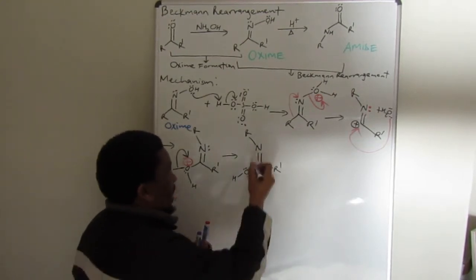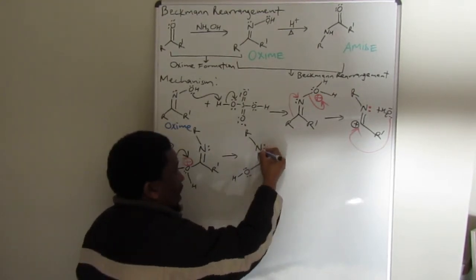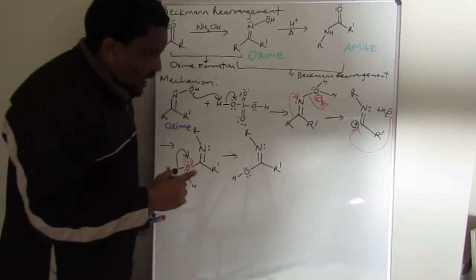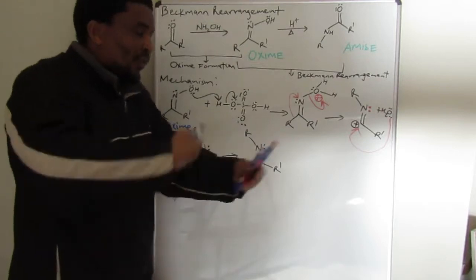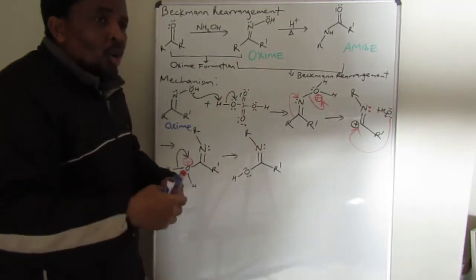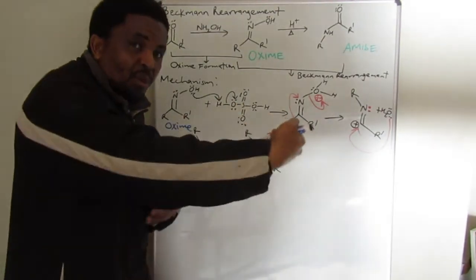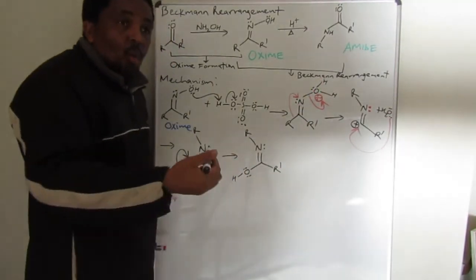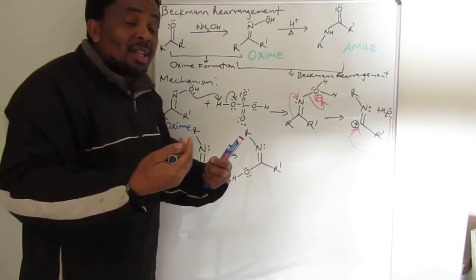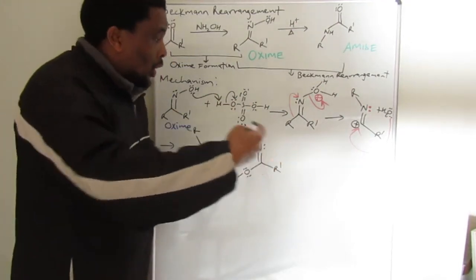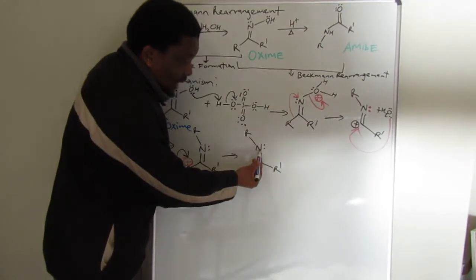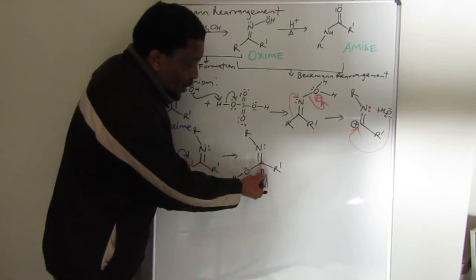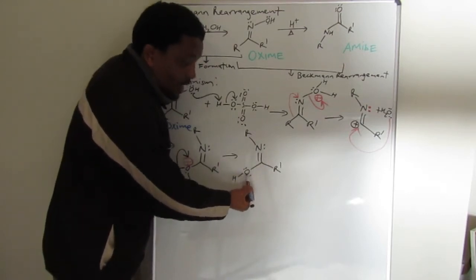Now, this is what we end up with. If you look closely at the structure, there is going to be some form of equilibrium in this case. It resembles what we generally know as keto-enol tautomerism. If this was a carbon atom, this would be a C double bond C, an ene, and on that ene is attached an OH.